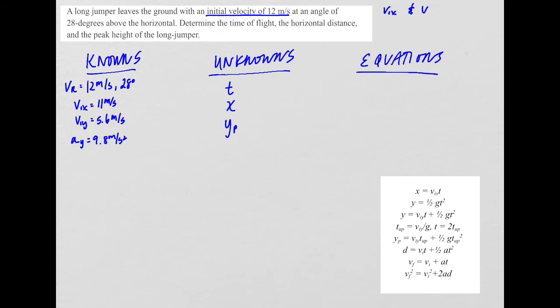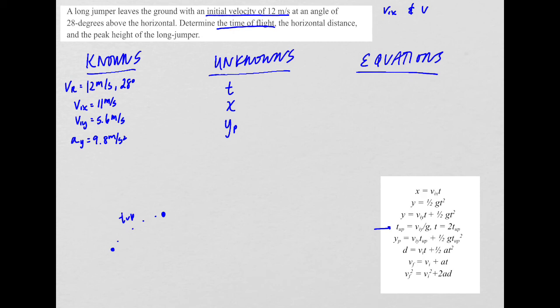so one thing I want to point out really quick here, when you see the time of flight, you should immediately say, I'm going to have to use T up, I think, because remember that equation where we solve for how long it takes for the object to go from the start to the highest point? This is T up.